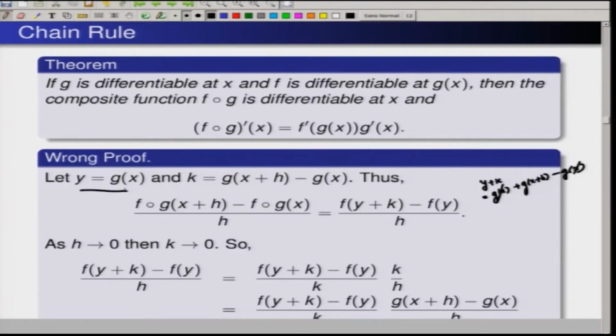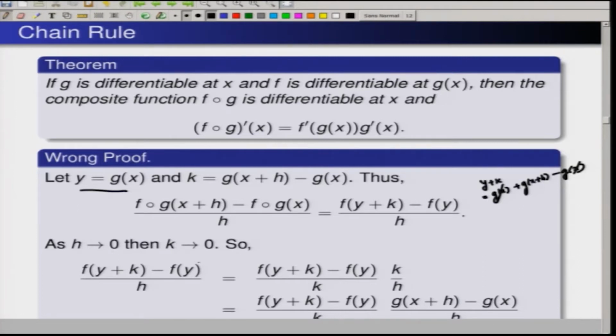As h goes to 0, since g is differentiable at x, g is automatically continuous at x. Therefore g of x plus h minus g of x goes to 0, because g of x plus h goes to g of x. So if h goes to 0, then k also goes to 0.